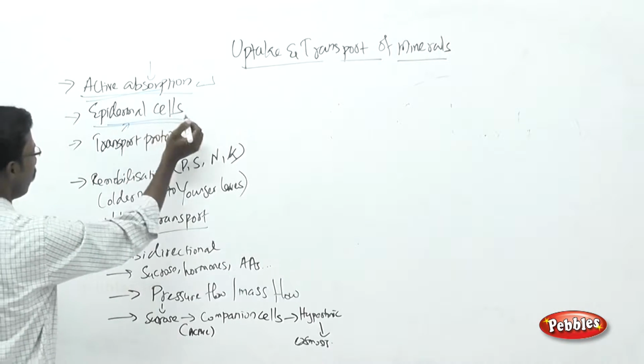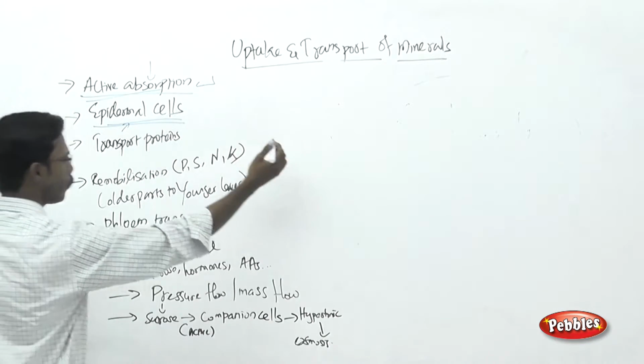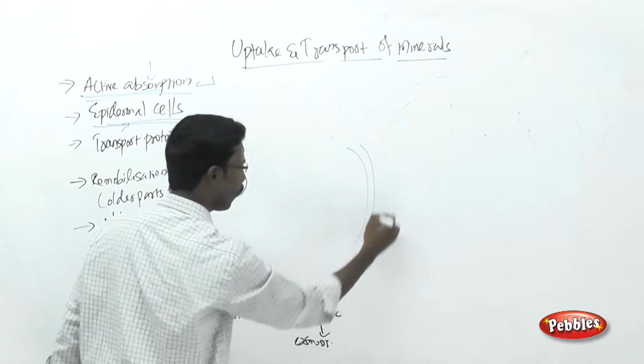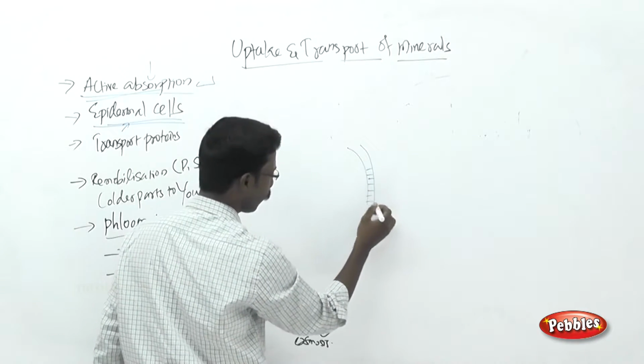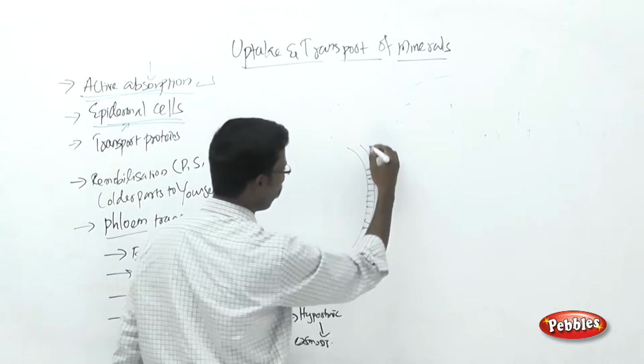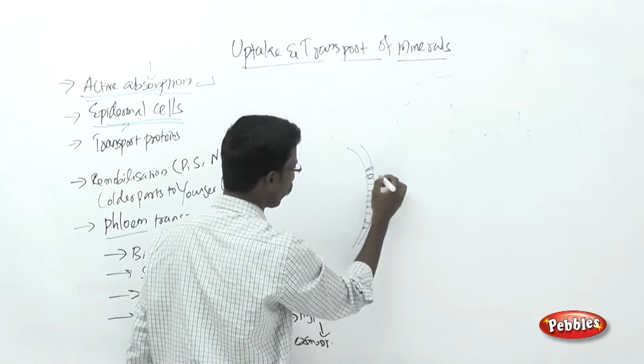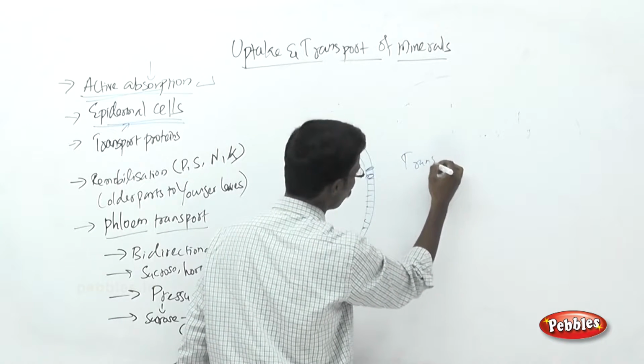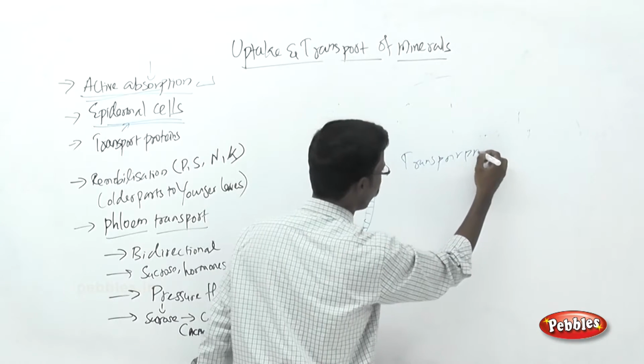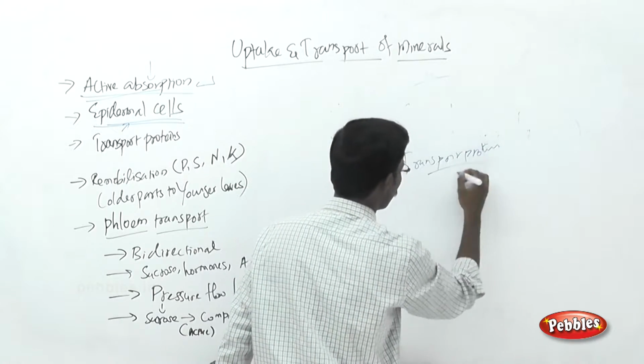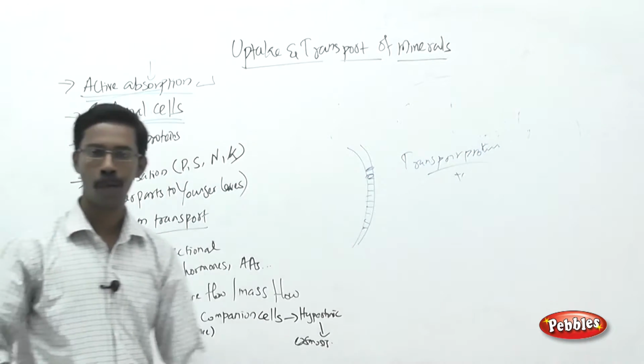Within the epidermal cells, as I told you, the cell membrane will have, apart from the lipid bilayer, some specific proteins called transport proteins. What may be the role of the particular transport protein?